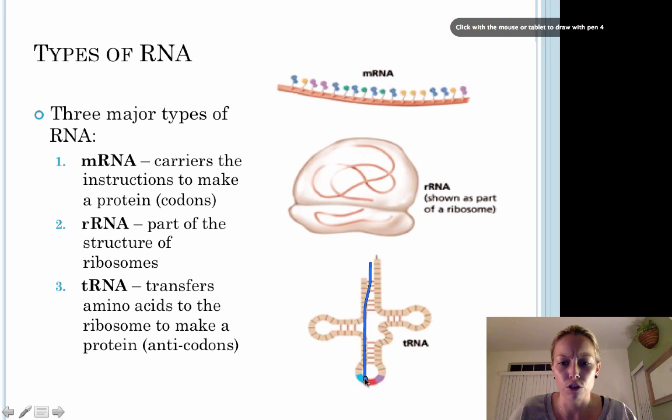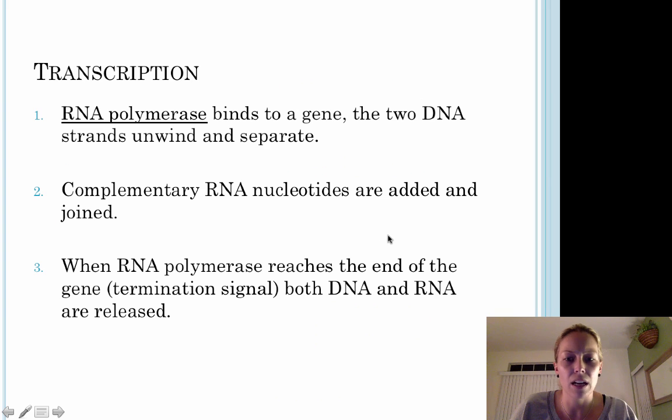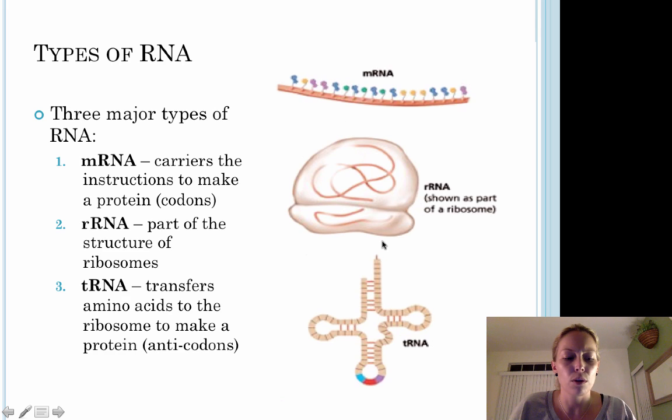If you just drew a nice little T, it kind of looks like a T. And a tRNA is responsible for bringing in amino acids. Depending on the type of amino acid, it will be attached here. So here would be an amino acid, I'm abbreviating AA for amino acid.